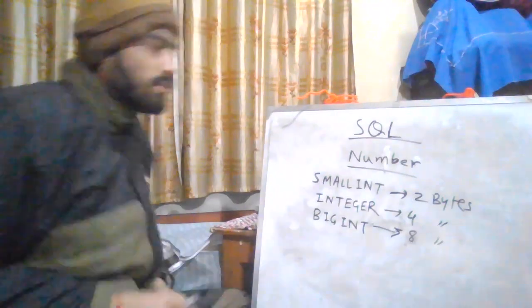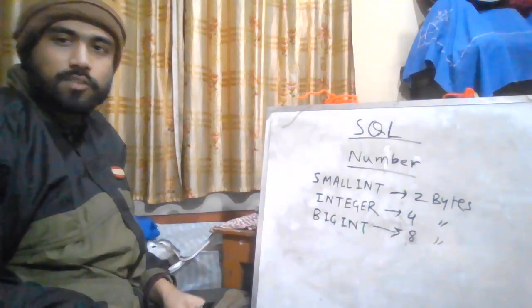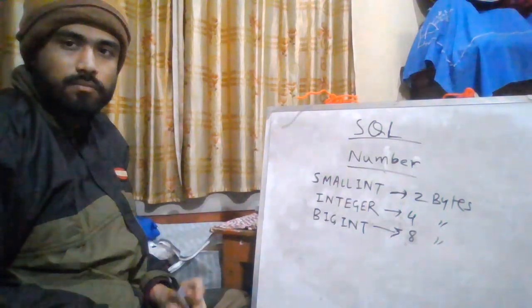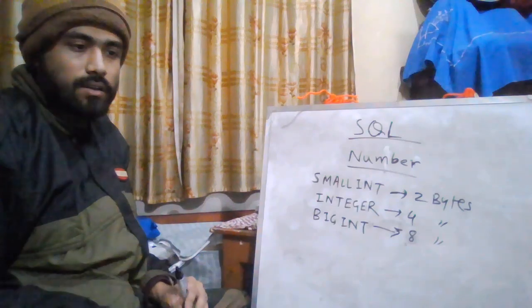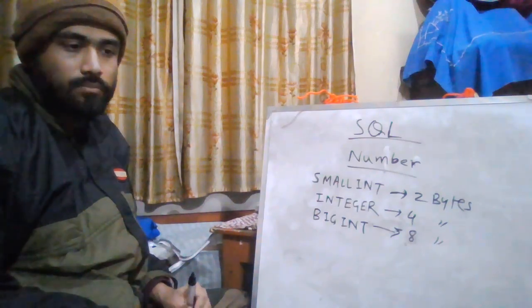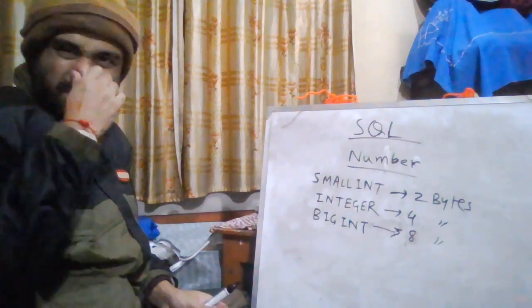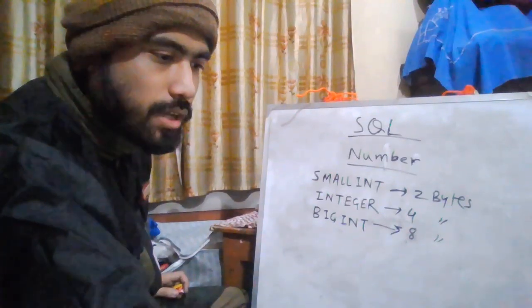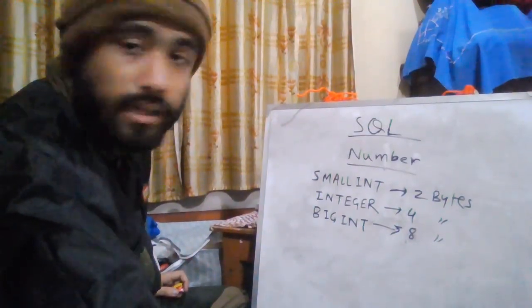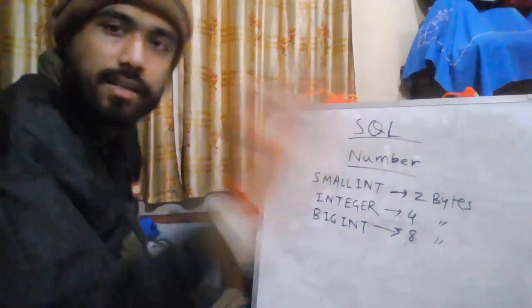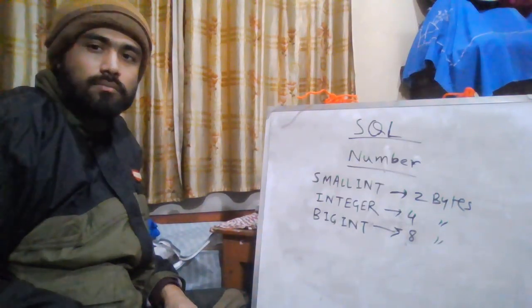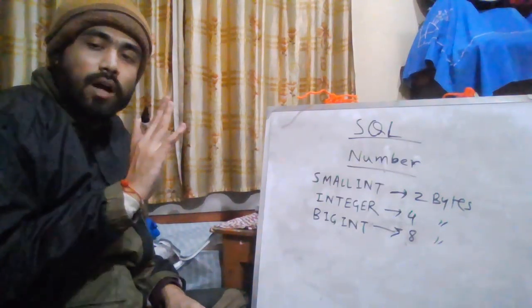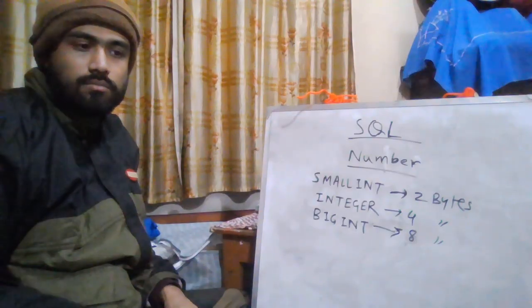Double the size means it is going to be multiple. And it can hold a huge amount of data. 1 2 3 4 5 6 7 8 9 10. So it has a range of 10 digits.